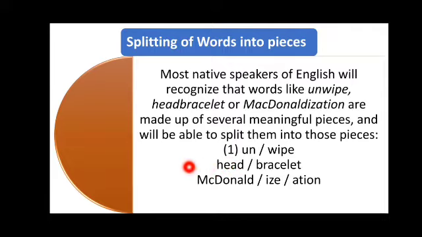And the word McDonaldization is the creation of vast chains of franchise stores. So we can split these words into different parts: unwipe, hat bracelet, and McDonaldization.